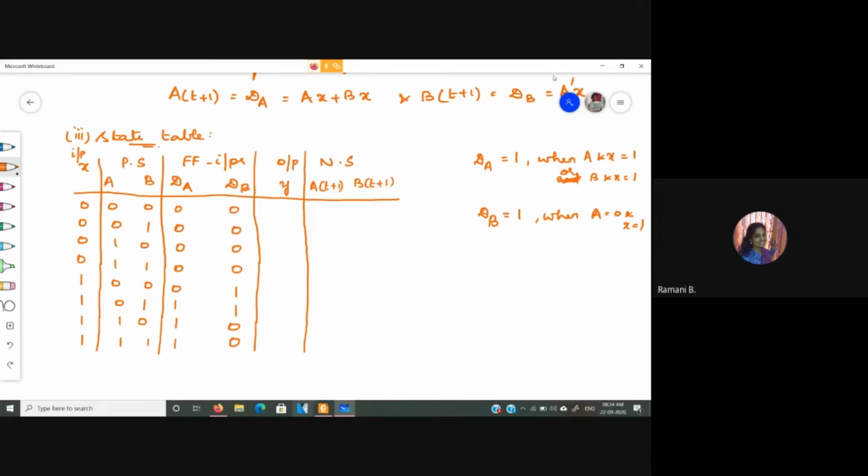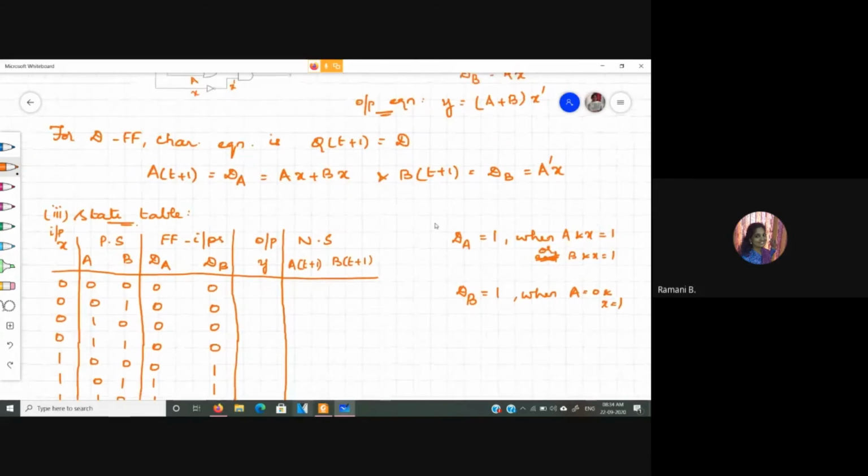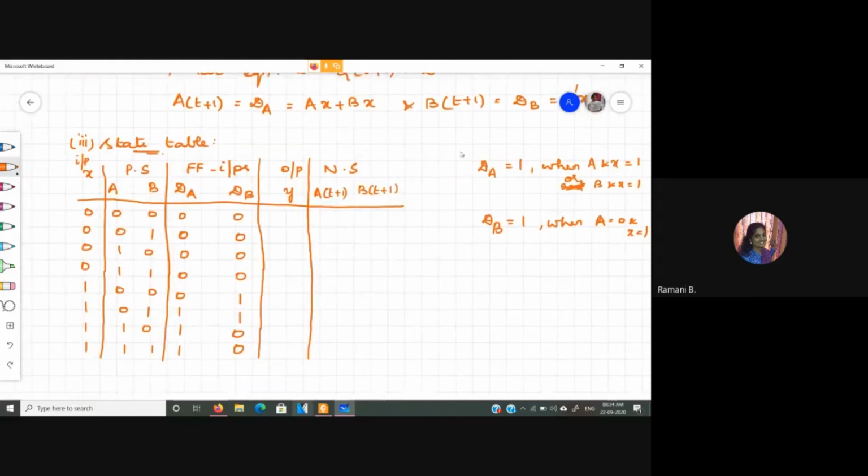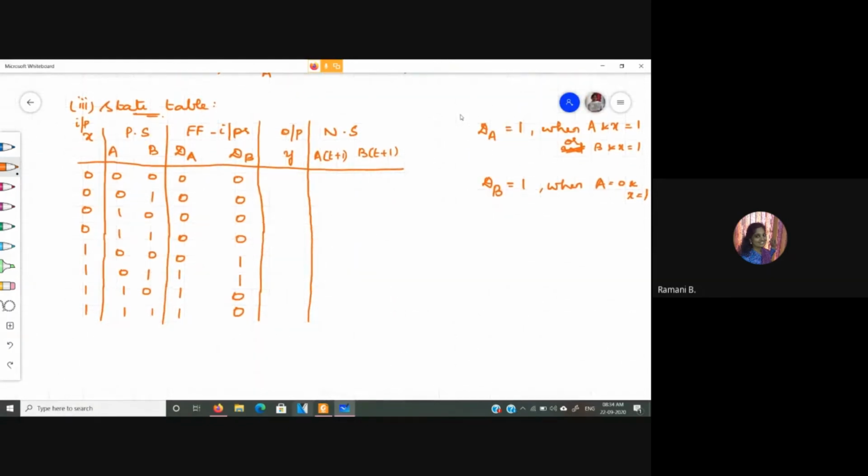And for Y, we have A plus B into X bar. So Y is equal to 1 when A plus B is equal to 1 and X is equal to 0.